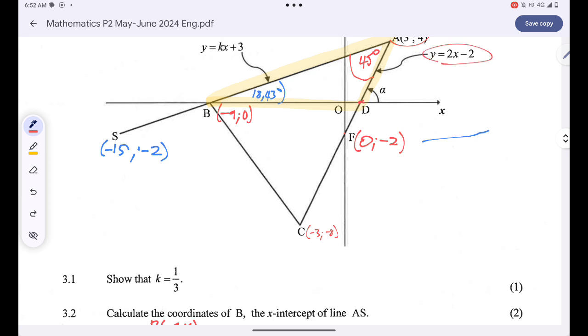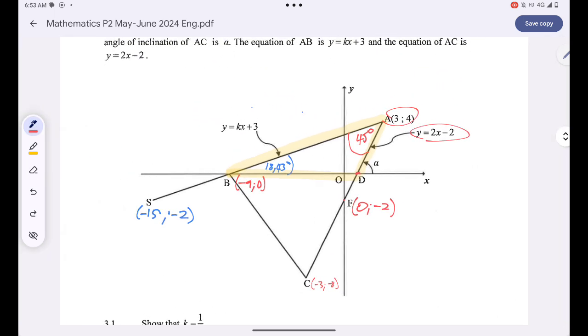For me to find the x-intercept, I just need to make y 0. I have y is equal to 2x minus 2. If I make y 0 and solve for x, I'll find that x is equal to 1. Are you together? So the coordinates of D are (1, 0).